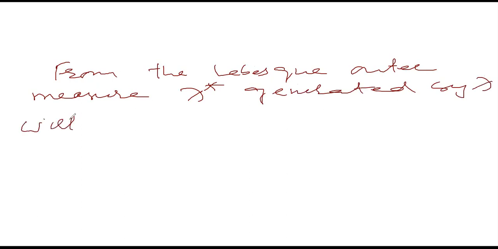So we don't write lambda star, we simply write lambda. We will denote by lambda the Lebesgue measure on a semiring as well as the Lebesgue outer measure generated by lambda.